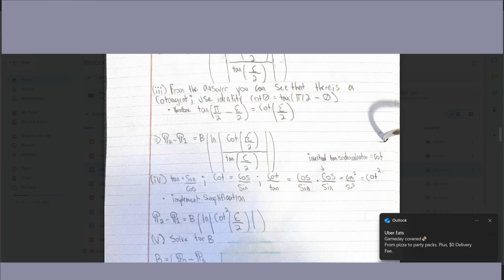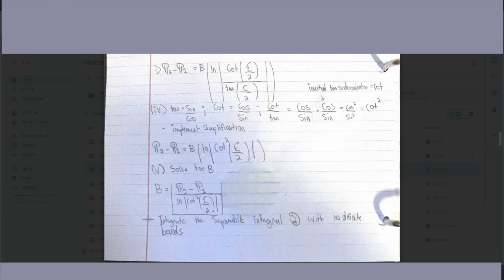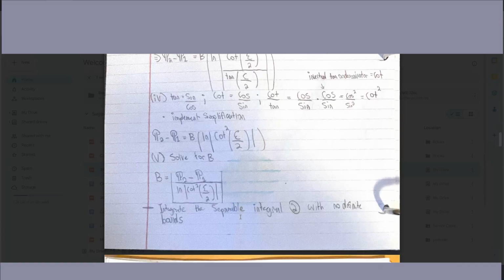So this is cosine over sine in the numerator, and this is sine over cosine in the denominator, but it's inverted because it's in the denominator. So it's normally sine over cosine, but since it's the denominator, it's cosine divided by sine, and then you just get cotan squared over that. From simplifying that, you can replace this with cotan squared, and you solve for b, which is simple from there.